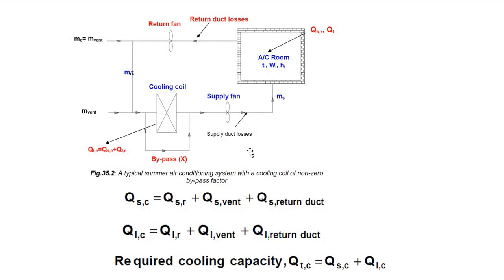So this is a figure that we had already discussed. This is the total sensible cooling load on the cooling coil. This is the total latent cooling load on the cooling coil, and this is the total cooling capacity required. Thank you.